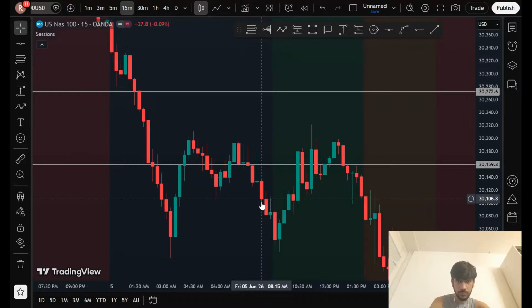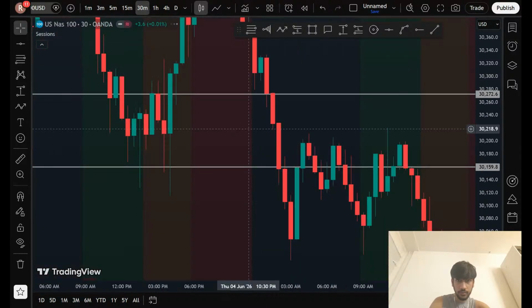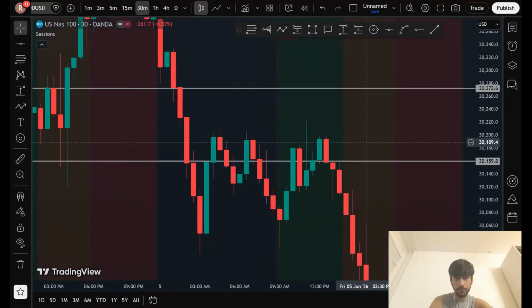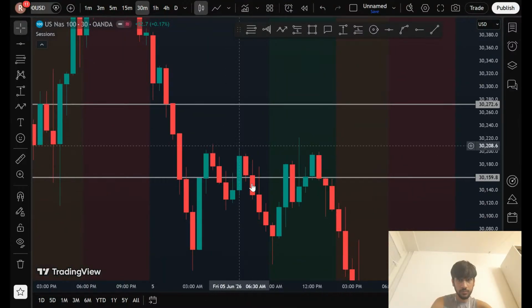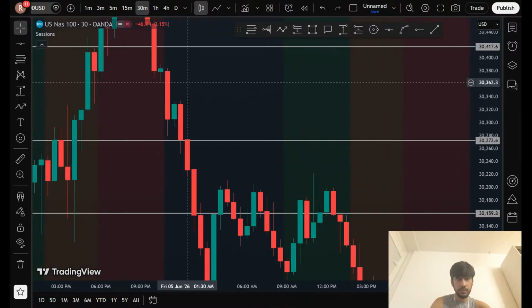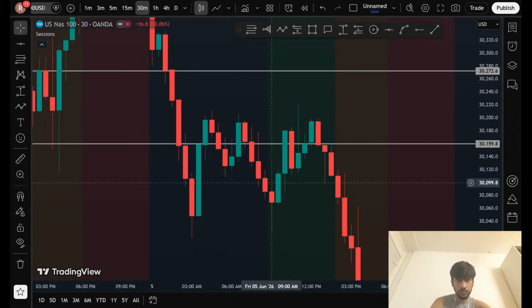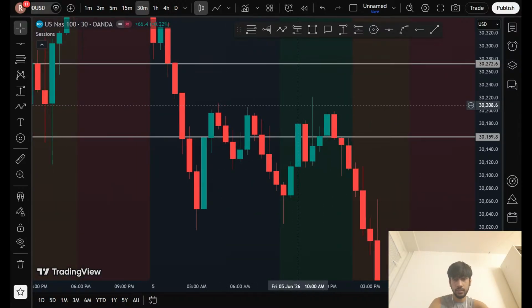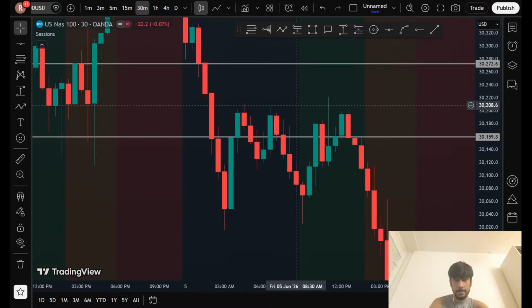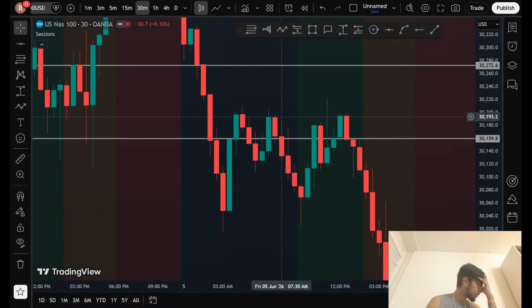So nothing. Came down, 30 minute, anything. Came down from resistance, no sells because we have moved too much, no buys because the range is small and we have sold too much. Came down, formed support. This was a good buy. I think I took this. I think I have taken this trade.